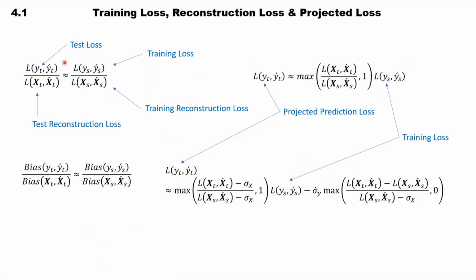Then the training data and test data would have the same ratio too. Then from this fixed ratio, we can estimate the prediction loss without using any label. Similarly, bias term can be estimated as well. For more detailed analysis, please refer to our paper.